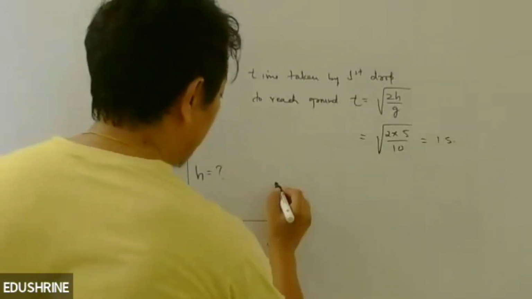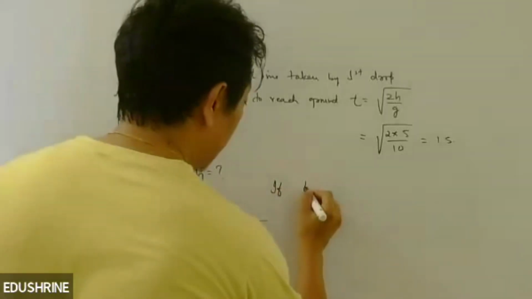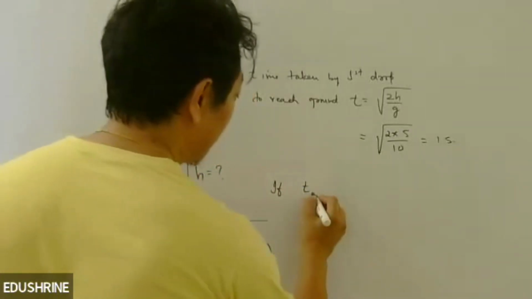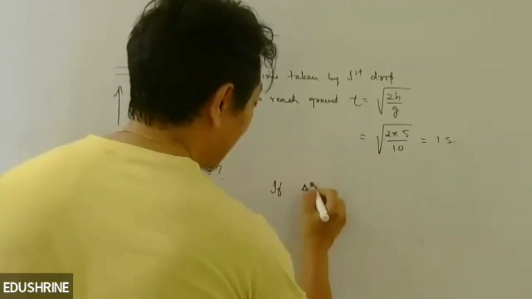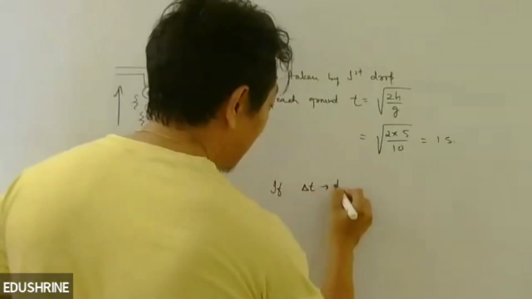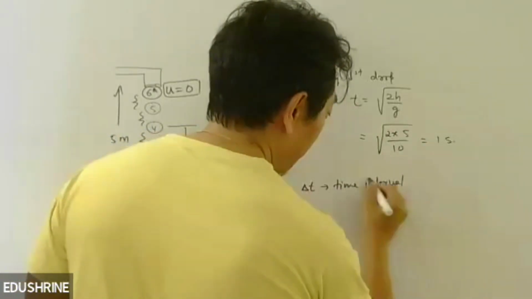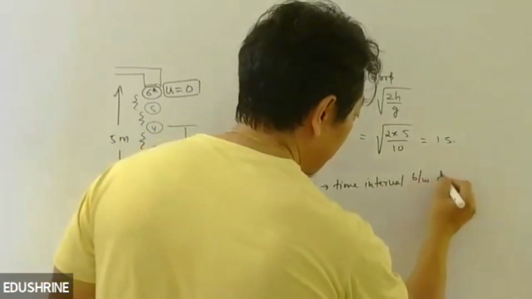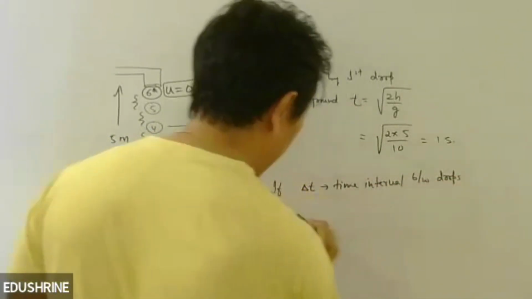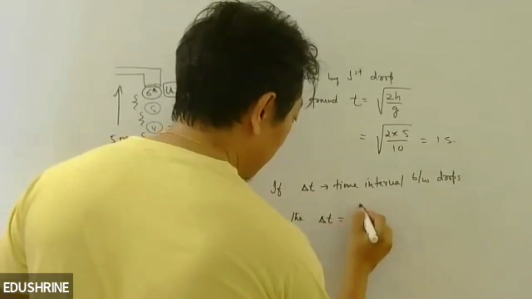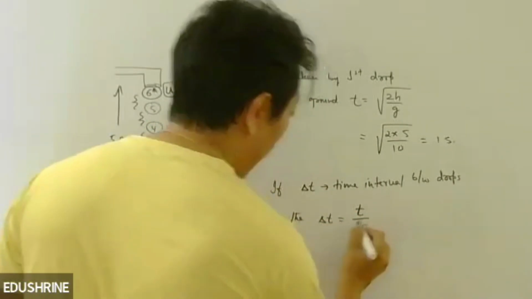So if delta T is the time interval between drops, then delta T must be T divided by 5.